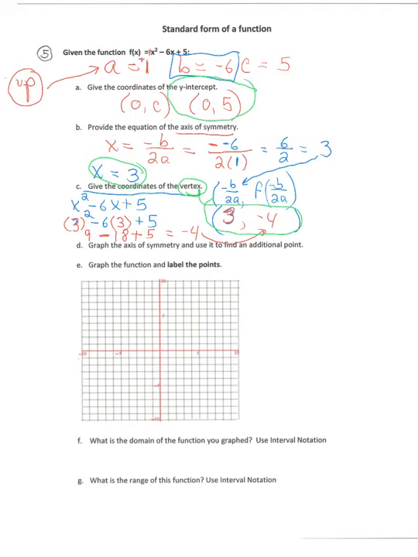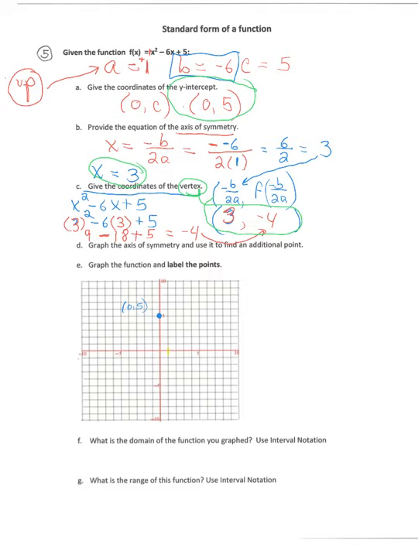So I'm going to start at the top. Y-intercept, 0, 5. That's going to be right here. Looking at the graph, 0, 5 goes in right there. It says, tell me what the axis of symmetry is. X equals 3. Okay, so let's see, we'll do that in yellow.